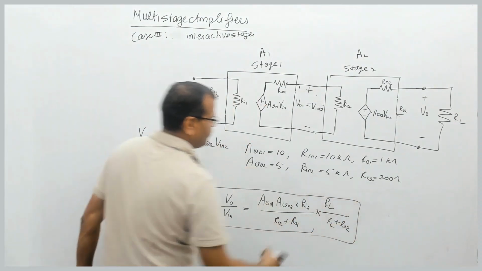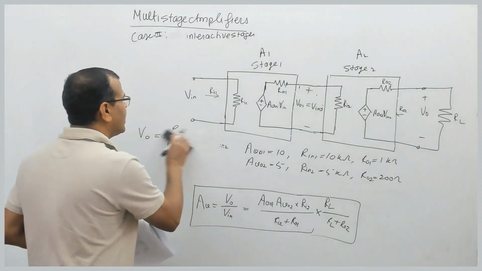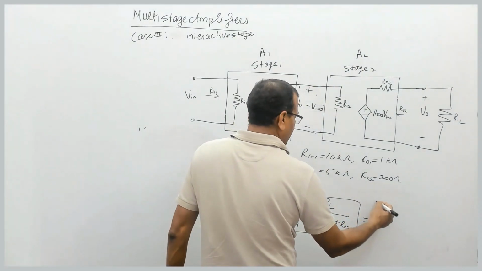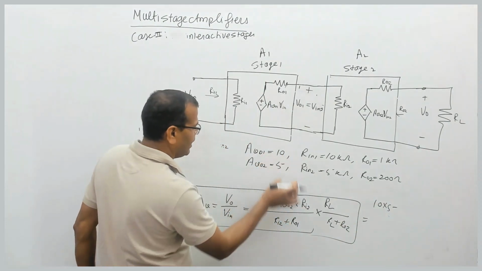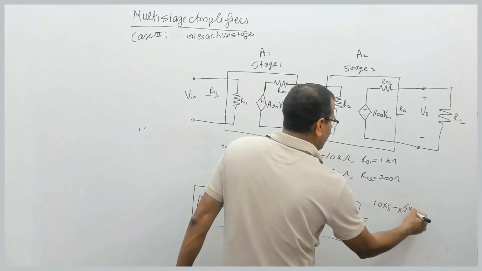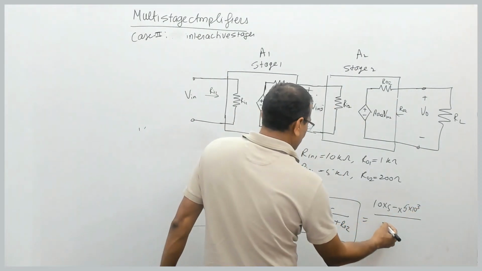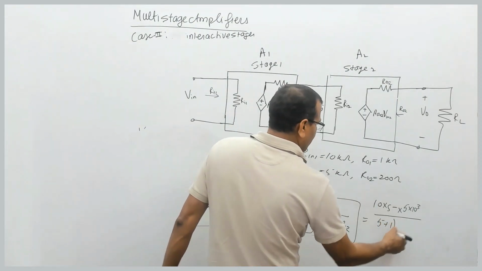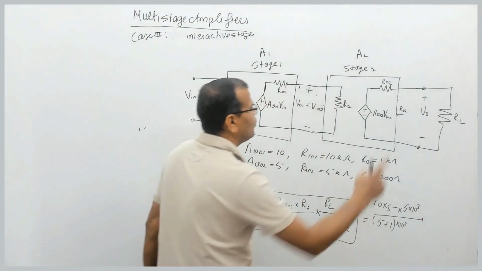That's it. So if the load resistance is also given to you, what will be the output? That will be 10 multiplied by 5, since AV01 is 10 and AV02 is 5, multiplied by Ri2, which is 5 kilo ohm, divided by Ri2 of 5 kilo ohm plus Ro1 of 1 kilo ohm, multiplied by RL divided by RL plus Ro2.